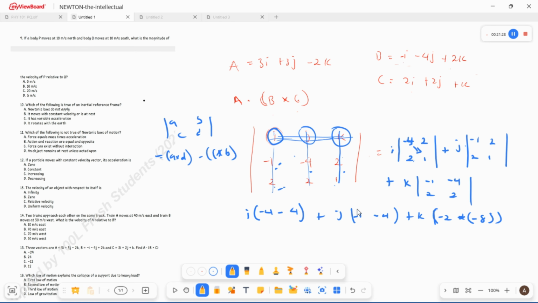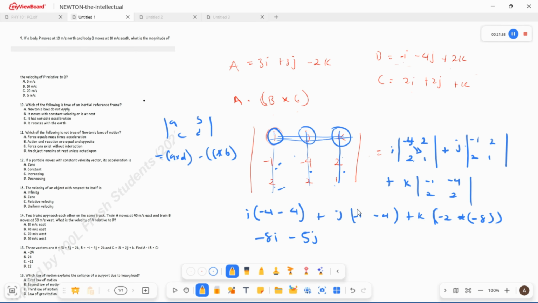All right. Let me just cross check to make sure that we're not making any mistakes. For i, minus 4 minus 4 gives us minus 8i. Then plus, here we have minus 1 minus 4, which is minus 5, so minus 5j.